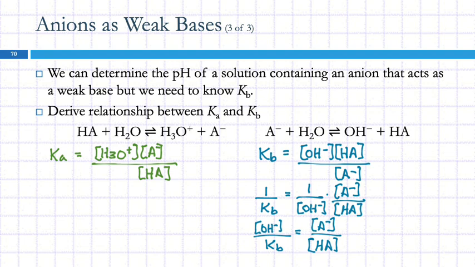And I'm not going to ask you to do this on an exam. So this is equal to that. Yeah? So I'm going to plug that in. So Ka is equal to H3O plus times OH minus over Kb.